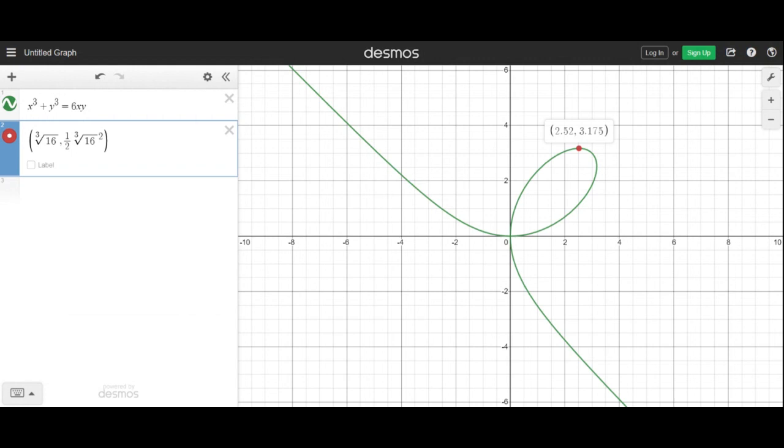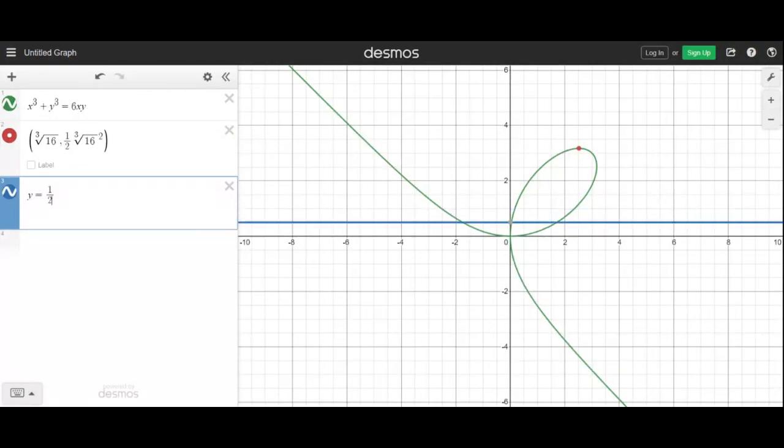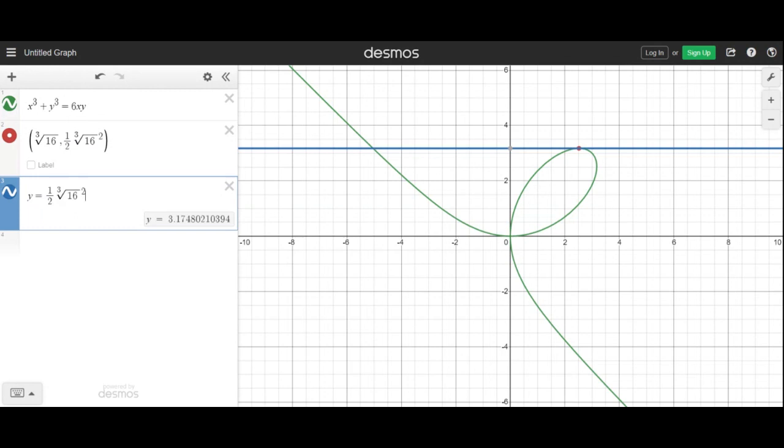And if you really wanted to, you could find the actual equation of that line. In this case, though, it's just going to be y equals whatever the y value is, so y equals 1/2 cube root of 16. Let's see if I can just copy all of this. There you go. So there's our horizontal tangent that goes through that point.